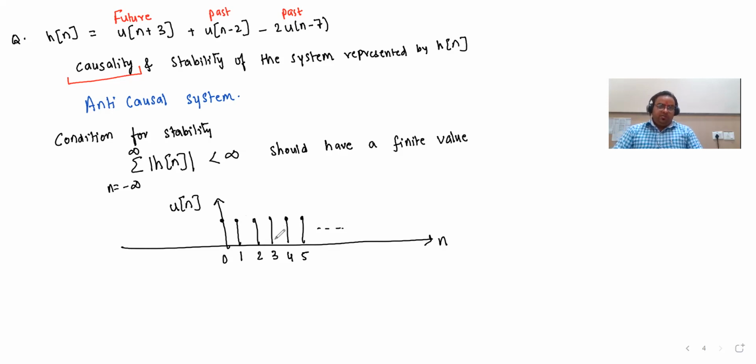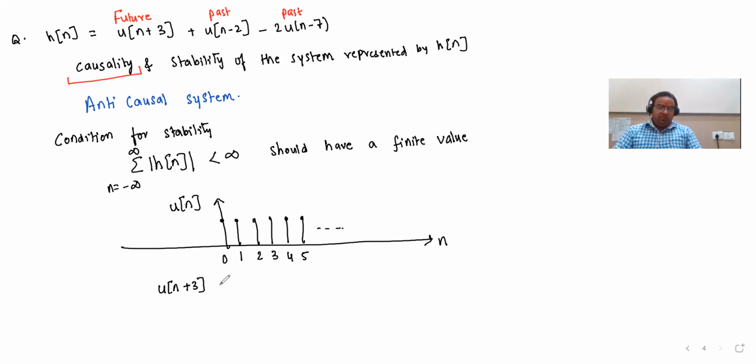We need to advance this by 3 time samples, then delay the same waveform by 2 samples. First we need to delay it by 7 samples, then multiply it with 2, and then sum all three of them.